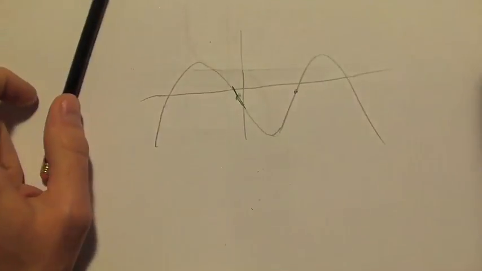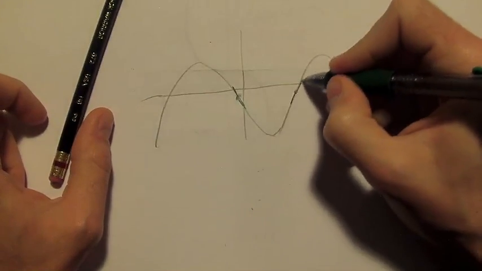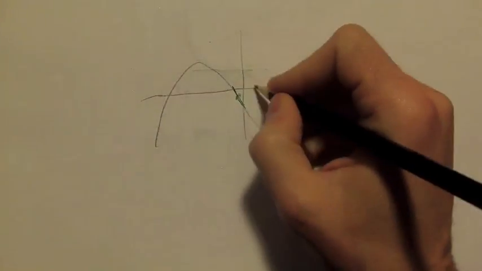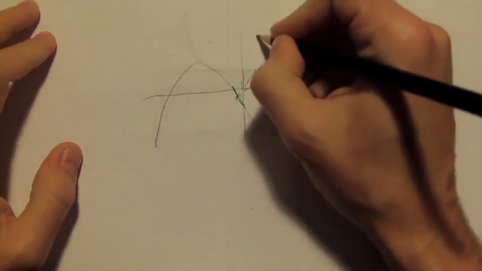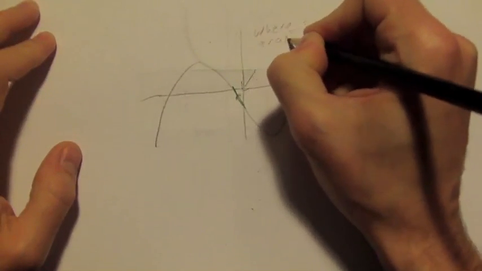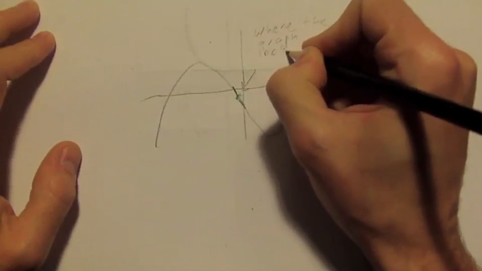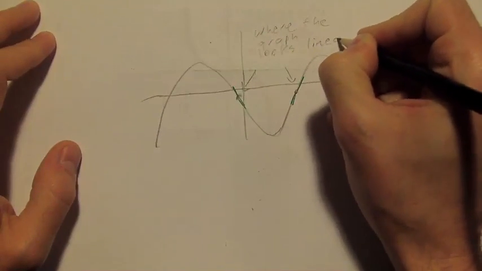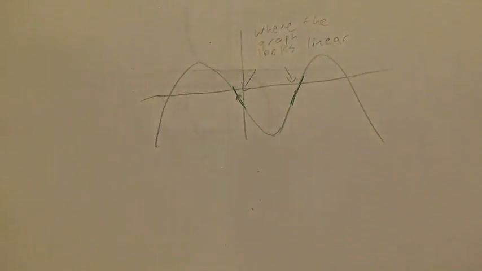And notice inflection points matching the graph. This happens where the graph looks linear, right? Wherever it looks linear for a spot, that's usually where you have an inflection point. Okay?